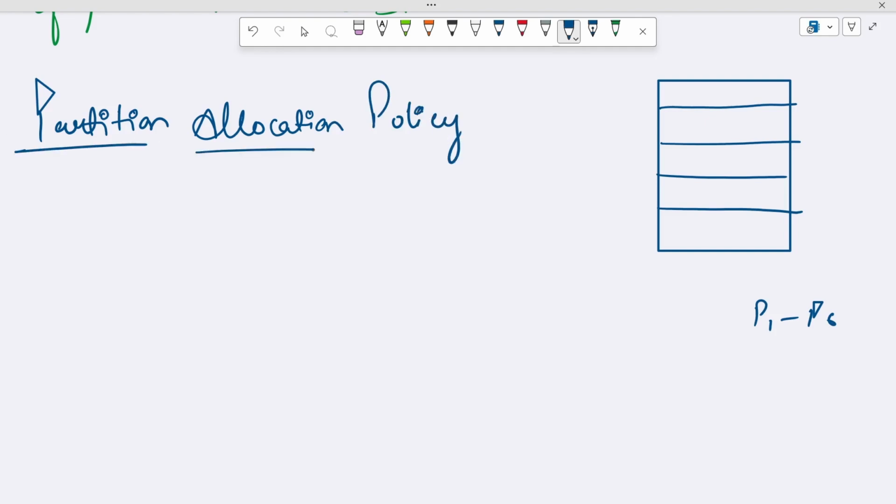The first one is called first fit. What does this mean?